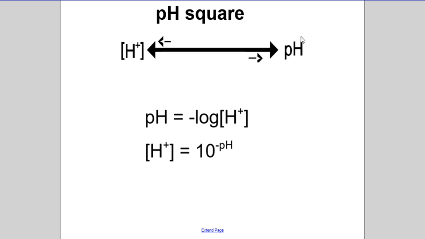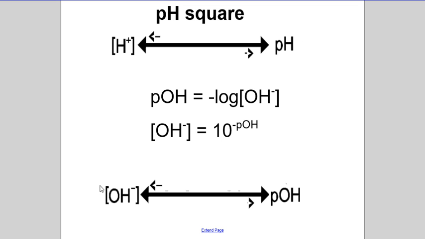So the pH is equal to the negative log of H plus. And then going the other way, if you know the pH and you want to know what the H plus concentration is, you go 10 to the negative exponent of pH. So take whatever value this is, do 10 to the negative power of this, and that will get you back here.